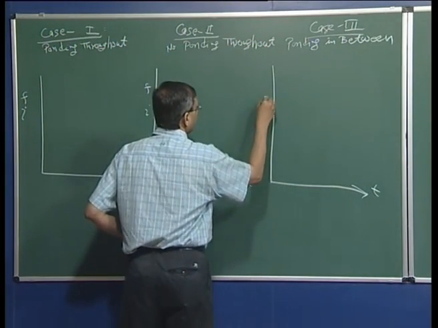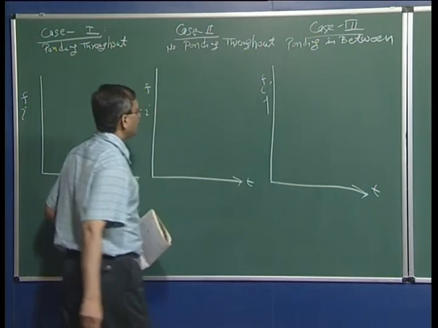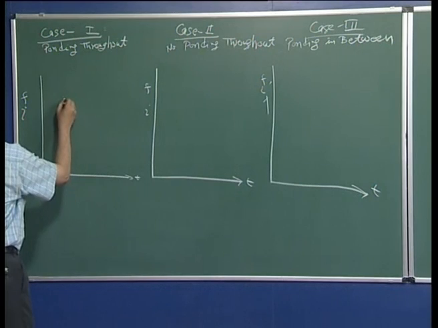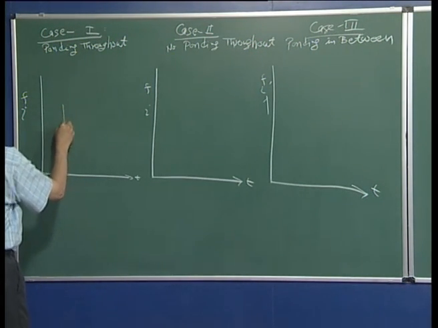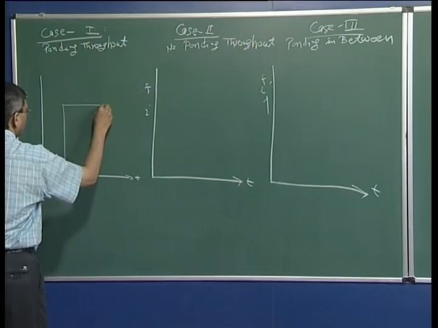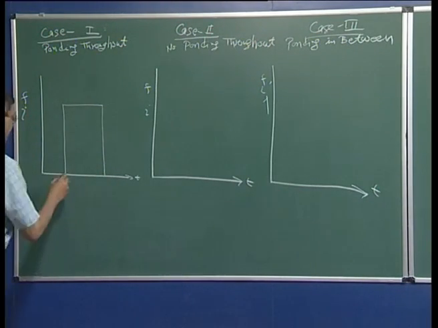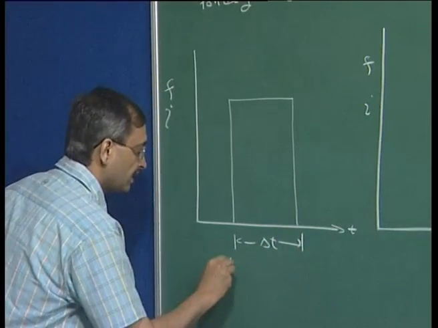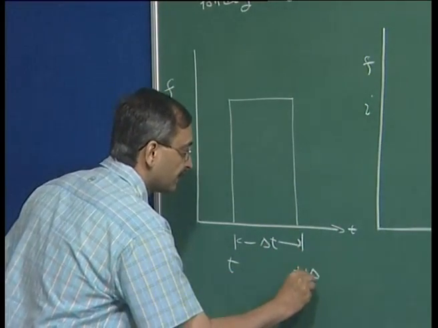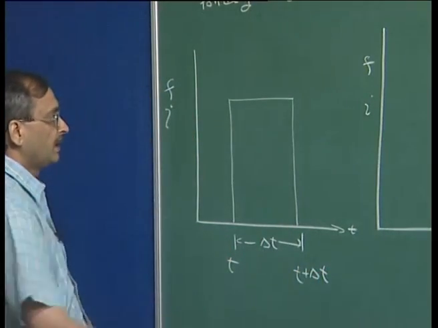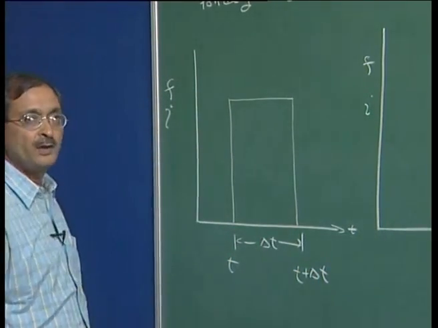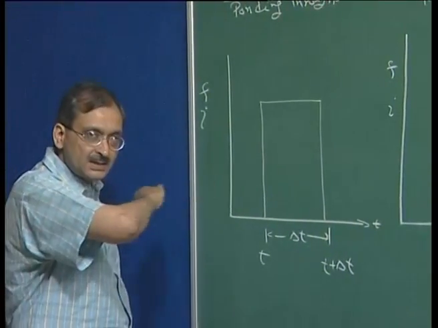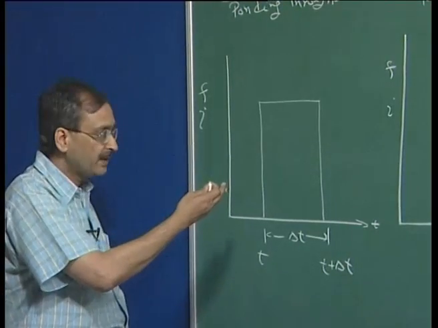Let me first say that this is your I, this is your delta t. This is your time t, this is time t plus delta t, and the interval is delta t. This is your rainfall impulse, or this is I which is constant during this interval delta t. That is one of the assumptions we have made.